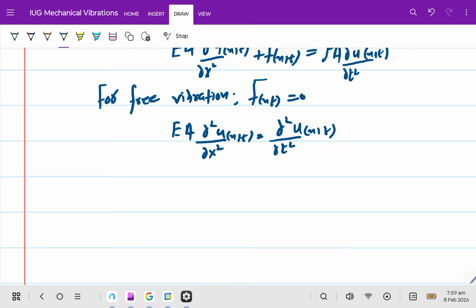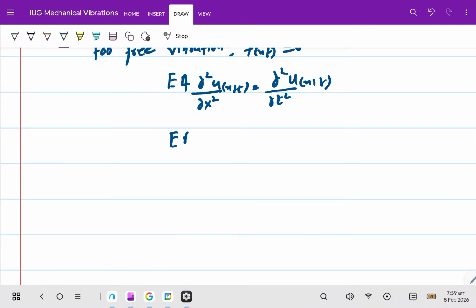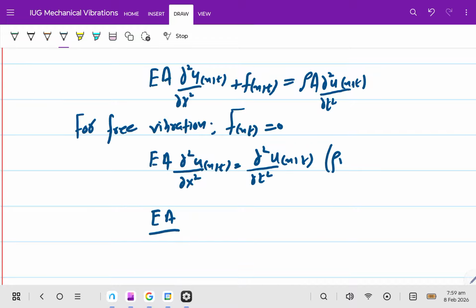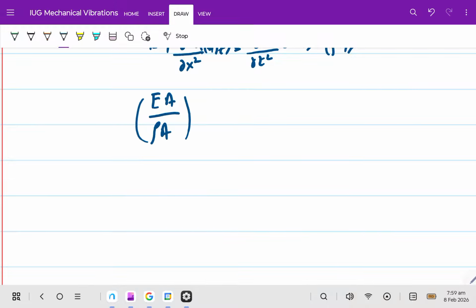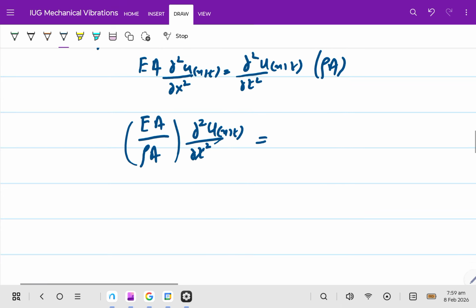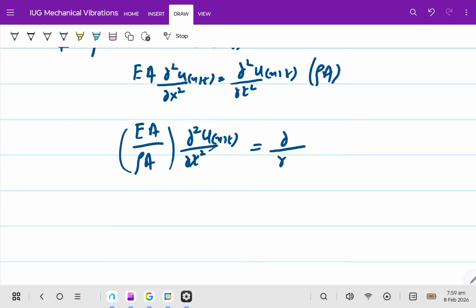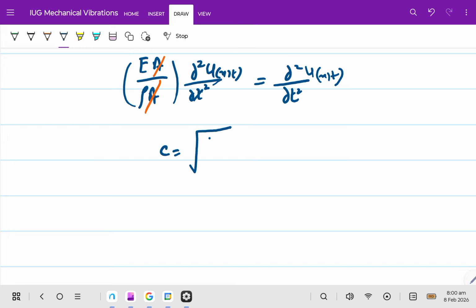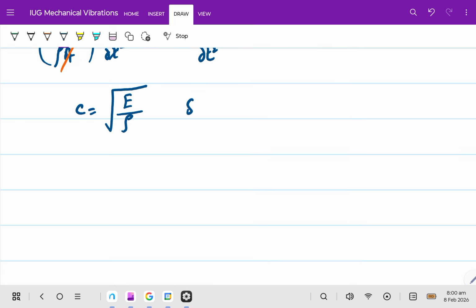Now we can simplify it even further. The A cancels out and we are left with E over the density, and let's call c equal to the square root of E over the density, the elastic modulus over the density, and that tells us the speed of sound in that material.